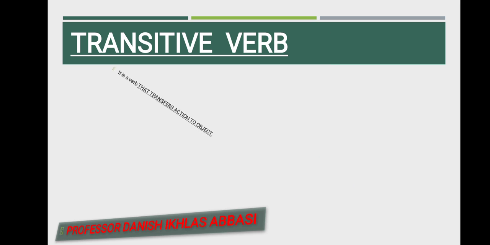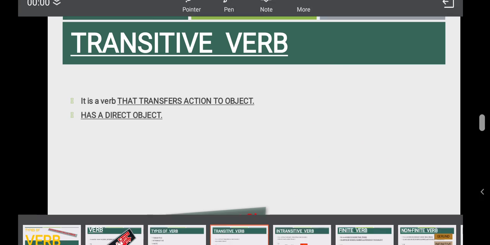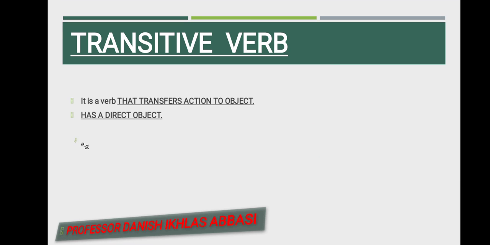The transitive verb is a verb that transfers action to the object, and it has a direct object. That means the sentence in which the transitive verb is used has an object, and the object is a direct object. For example, look at this sentence.